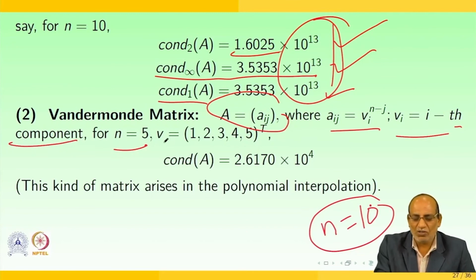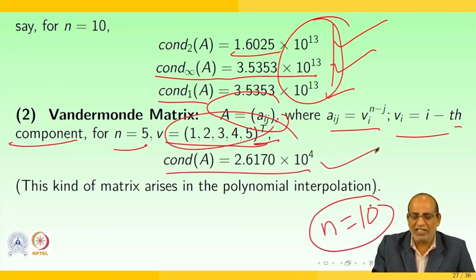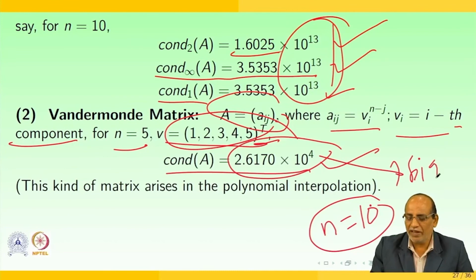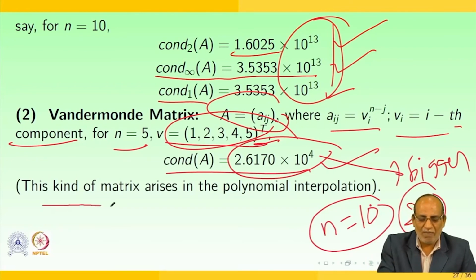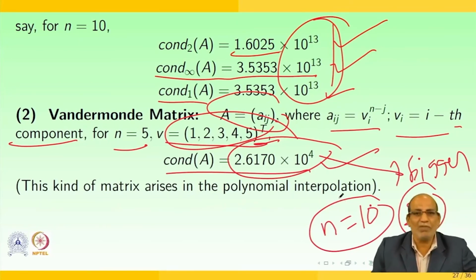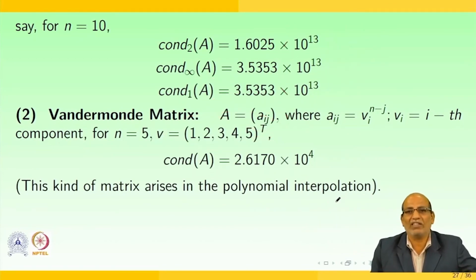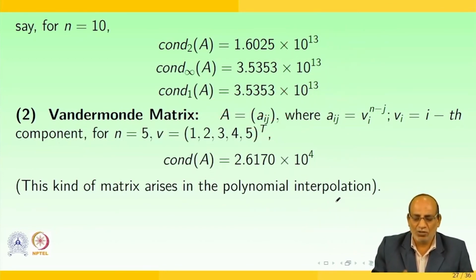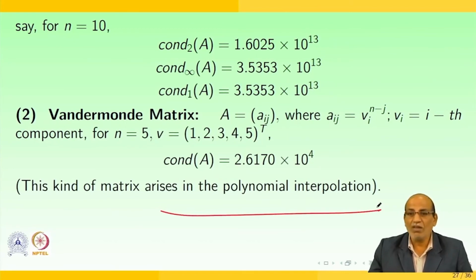For n is equal to 5, if you want to compute the condition number for this, it turns out to be 2.6170 times 10 power 4, which is a bigger value as compared to the 21 which we did. So these kinds of matrices arise in polynomial interpolations. When you are doing polynomial interpolation, quite often you come across this in engineering applications. So this is the condition number for Vandermonde matrices.